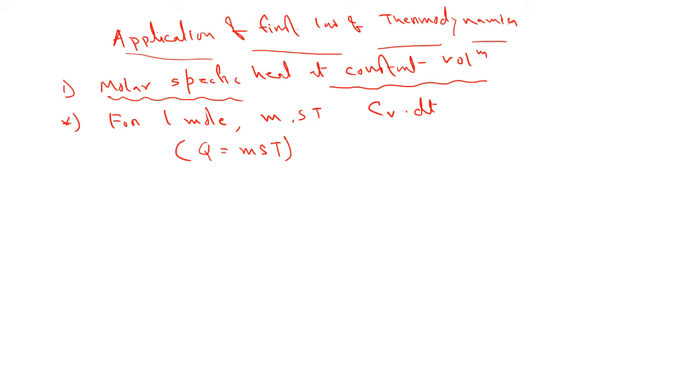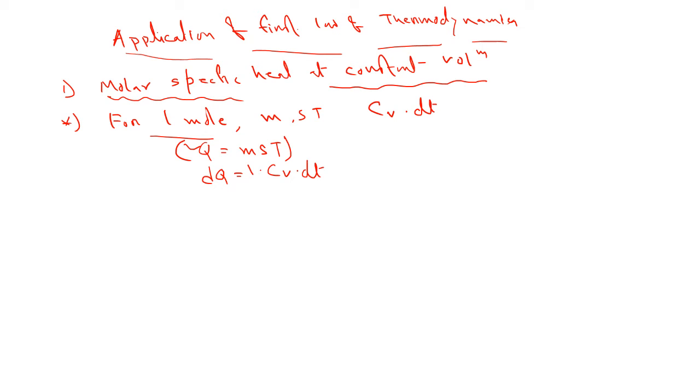This formula we can get from the specific heat formula. So for 1 mole at constant volume, this is equal to 1 times Cv dT. This is for 1 mole, and this formula we get from the specific heat formula.